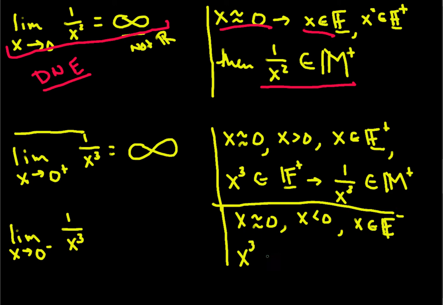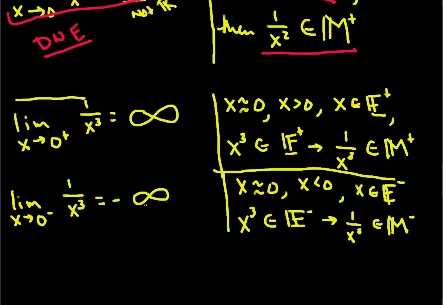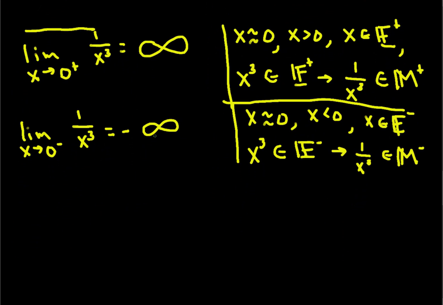So this is a negative infinitesimal, which then tells me that 1 over x cubed is a negative infinite number. And from that information, that little work over there tells me that this limit is equal to negative infinity. Let me draw the graph of 1 over x cubed at 0.